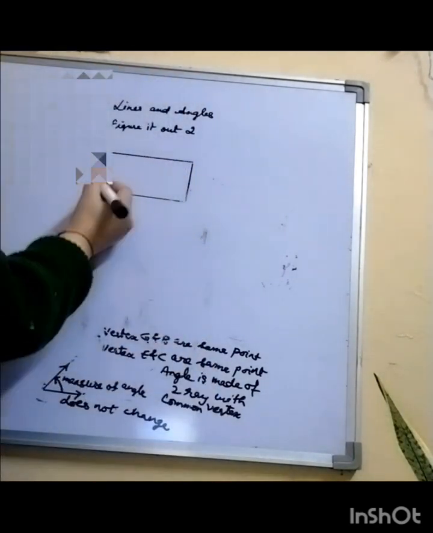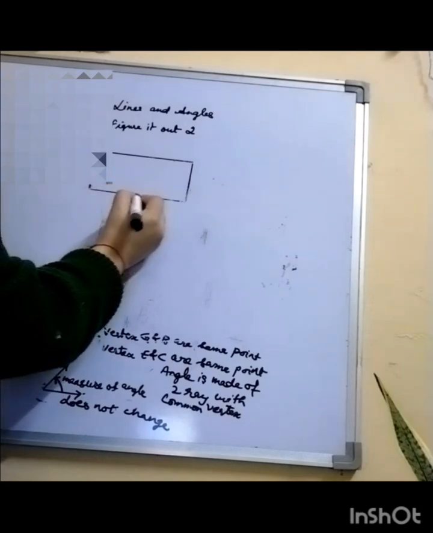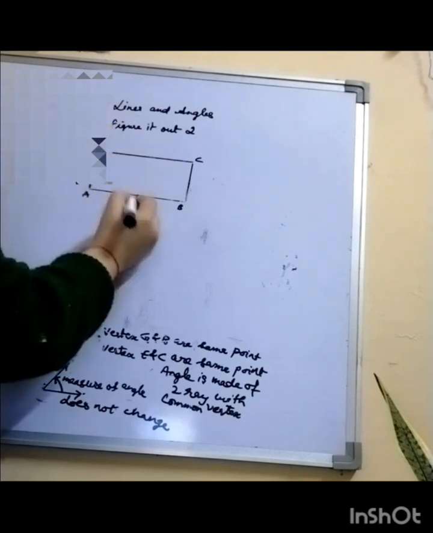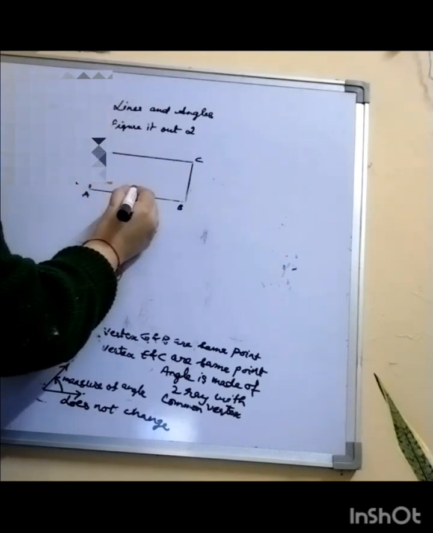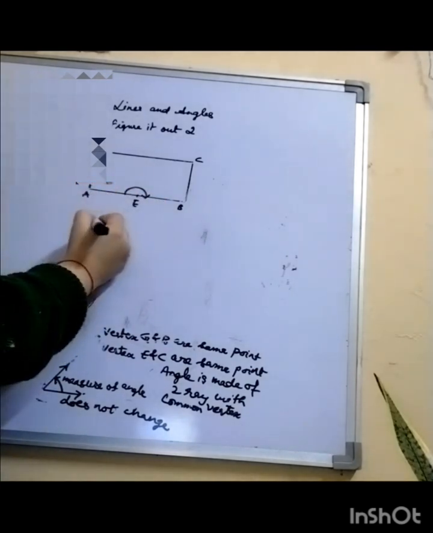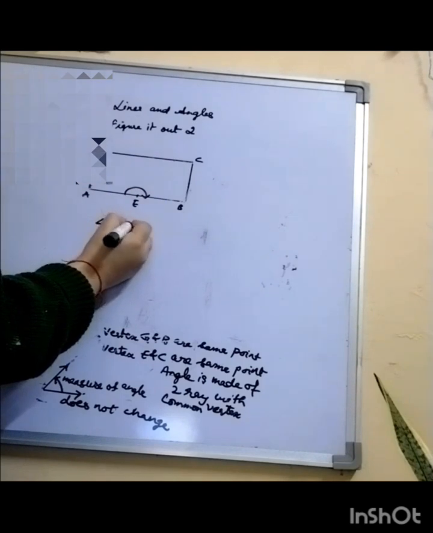This is the sheet of paper. So the largest angle is, if I give it the names A, B, C, D and E, the largest angle that can be formed on a sheet of paper, which is angle AEB.